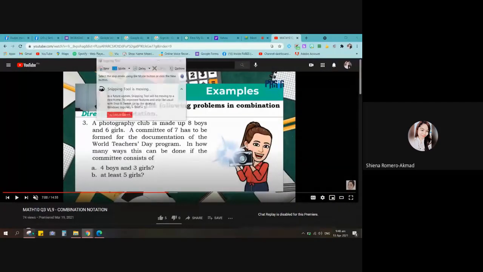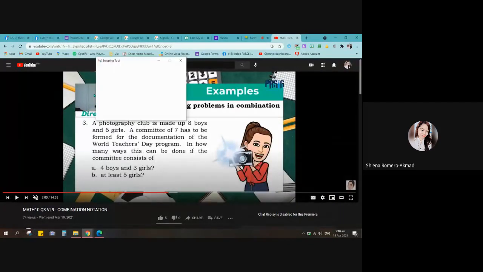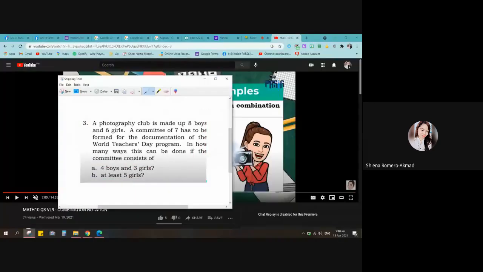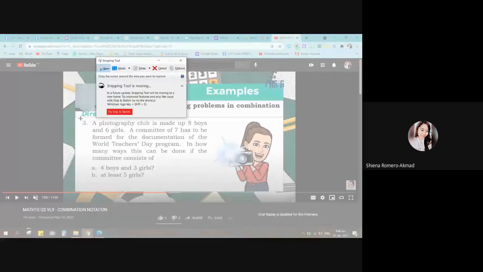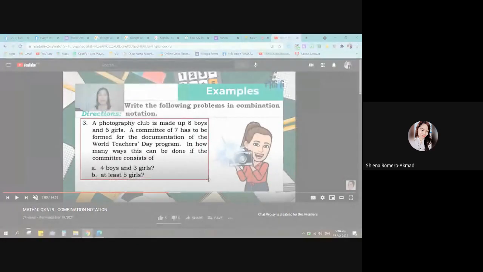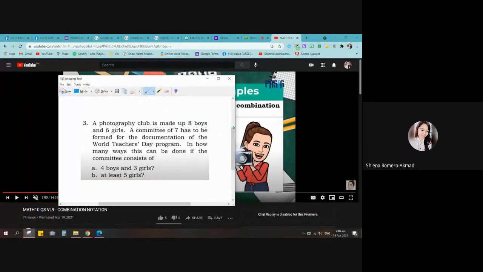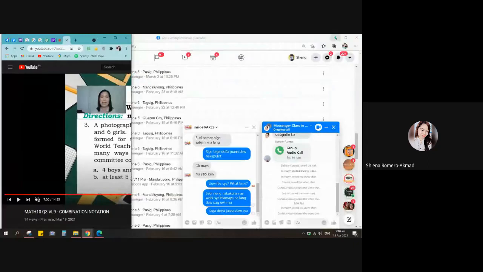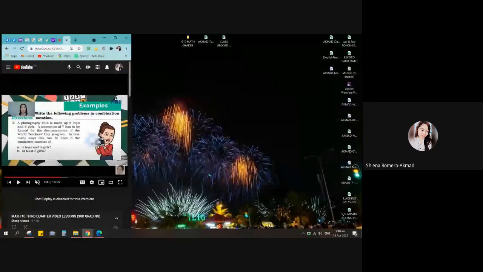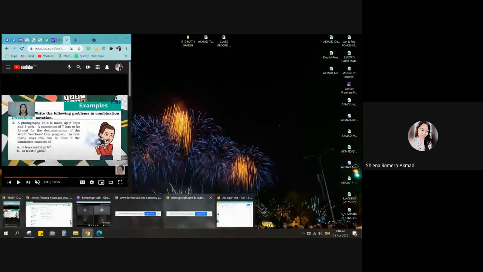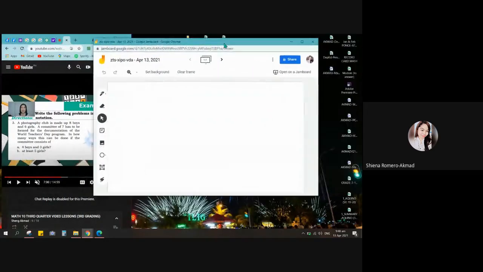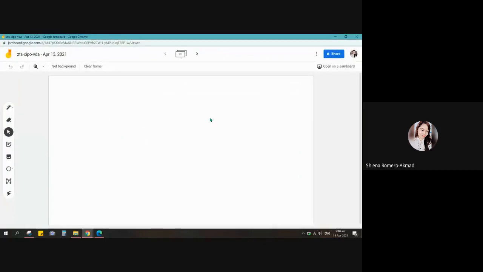Let us use the... ay, naputol eh. Ako sa inyo paano natin gagawin.